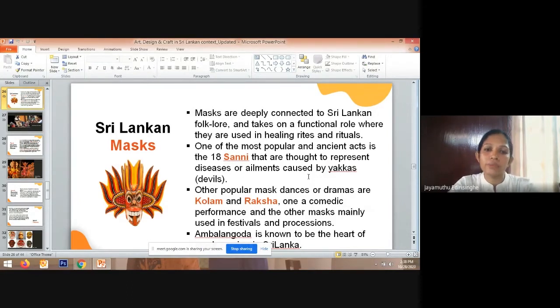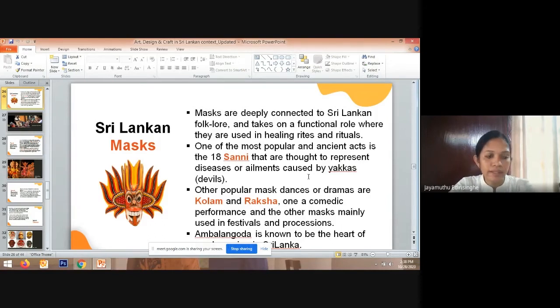When we talk about masks in Sri Lanka, they are always connected to Sri Lankan folklore. There are many tales related to masks, about their origin, and there are different purposes for having these masks, mainly healing rituals.